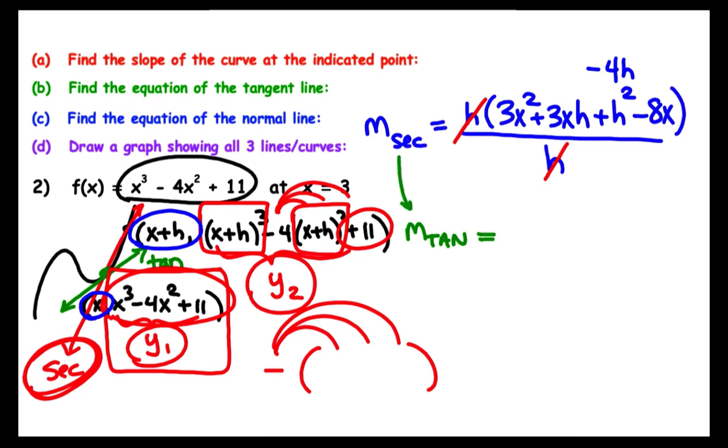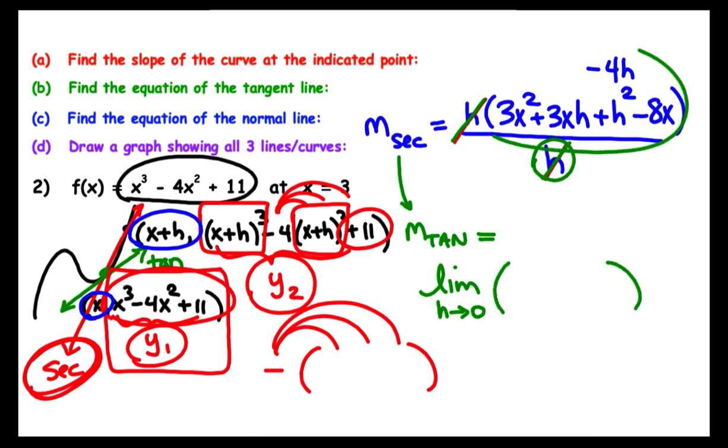Easy. I channel my inner chapter 1 and I evoke a limit. And it's the limit as h approaches 0. Hey, to be honest, man, I wanted to do this limit the whole time, but I couldn't because I had a stupid h on the bottom. I just divided by 0. Once this canceling happened, game on.